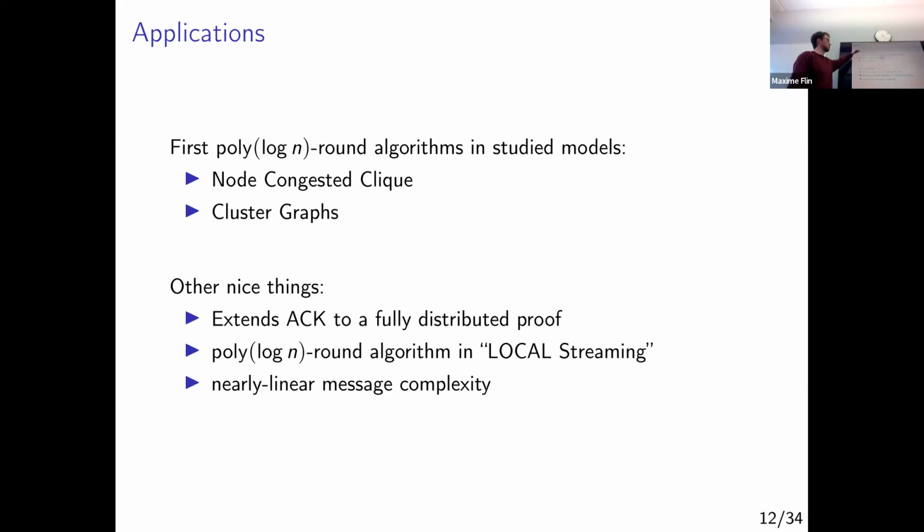So we get the first polynomial rounds algorithm studied. And I think the theorem is also nice for a bunch of other reasons, including that some parts of the palette sparsification theorem were already distributed, and we've made it fully distributed. And I hope I'll convince you that it's not so surprising that it works. It just requires a small shift in perspective.